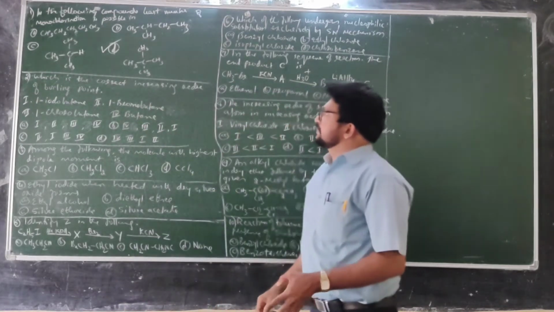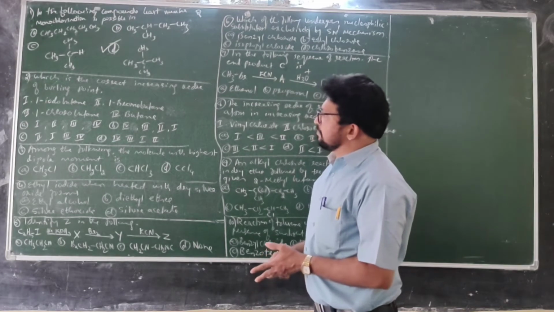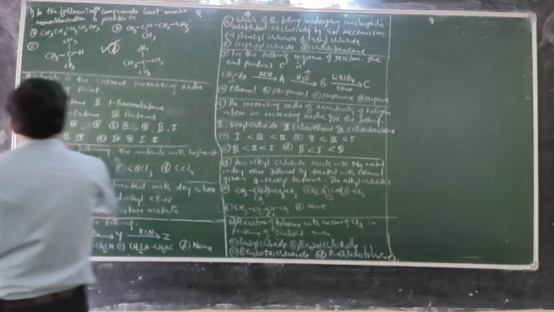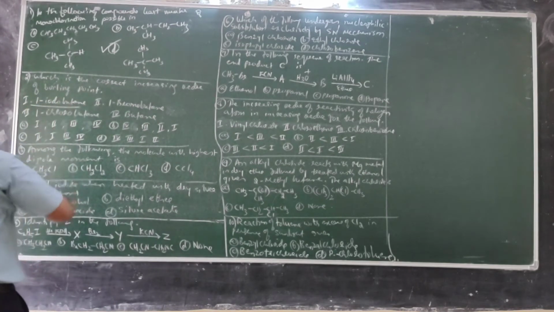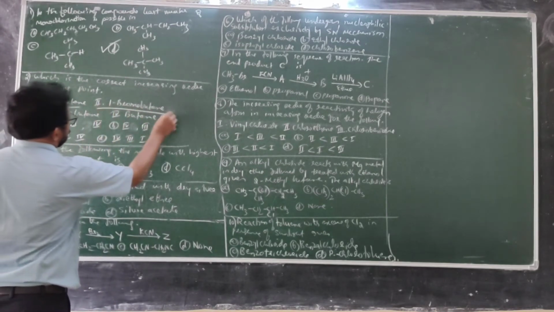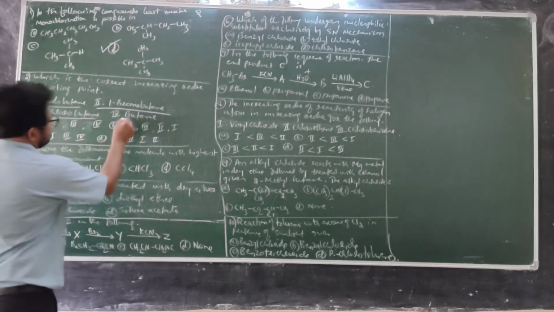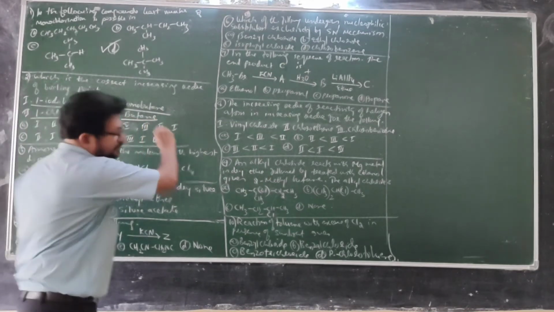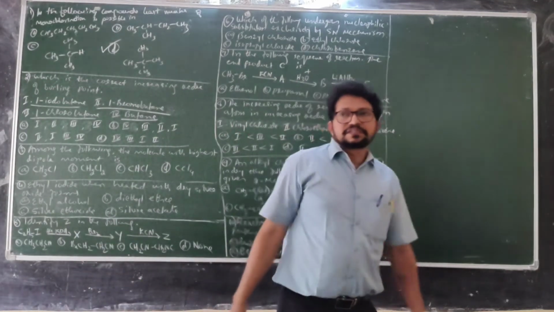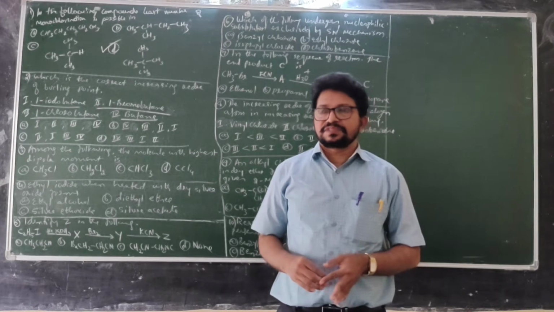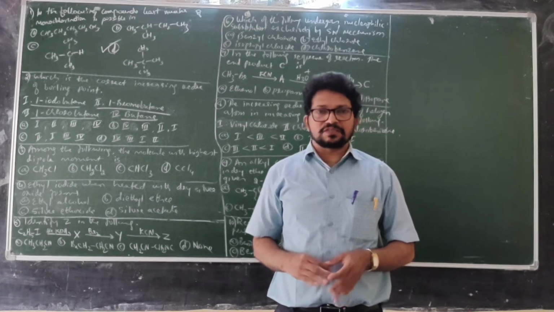Okay. Which is the correct increasing order of boiling point? A question on boiling point. 1-iodobutane, second one is 1-bromobutane, third one 1-chlorobutane, fourth one only butane. See, only the halogen is different, and in one compound there is no substitution.